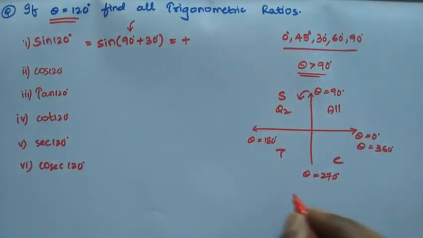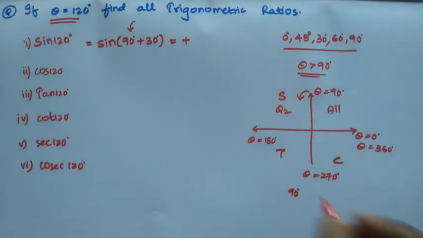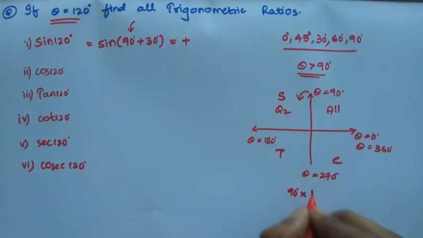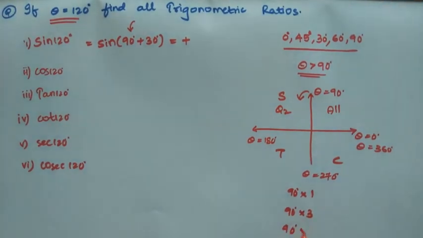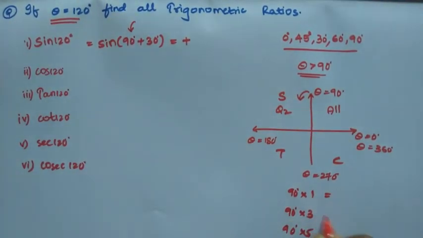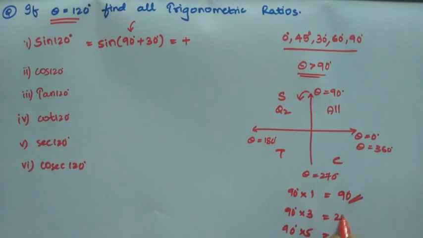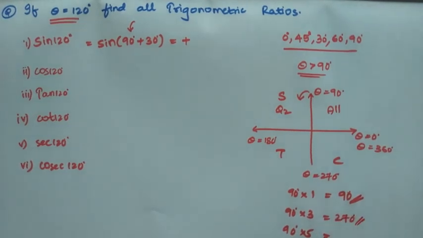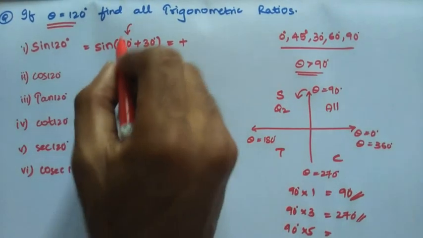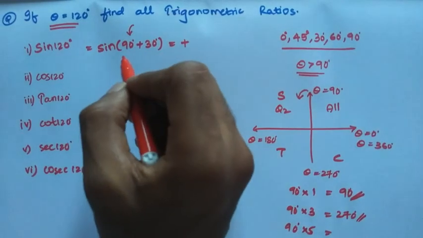An odd multiple of 90 means we multiply 90 with an odd number, so into 1, into 3, into 5. 90 into 1 is 90, so it is an odd multiple of 90. 90 into 3 is 270 degrees, which is also an odd multiple of 90 degrees.